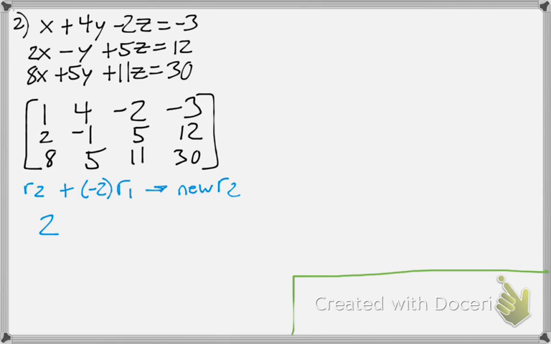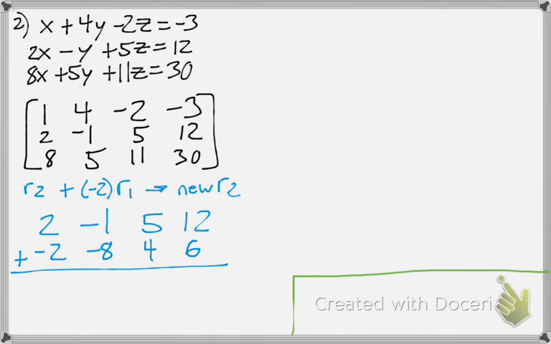So I get 0, -9, +9, +18. So let's update that matrix.